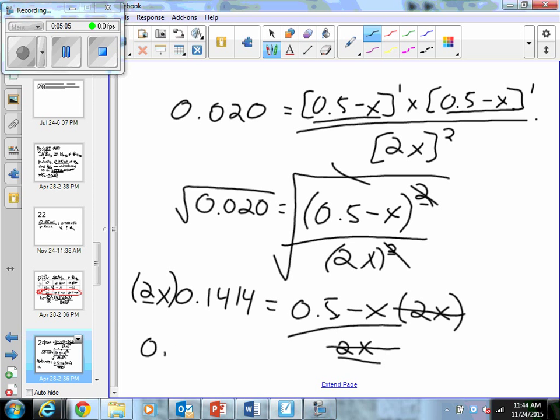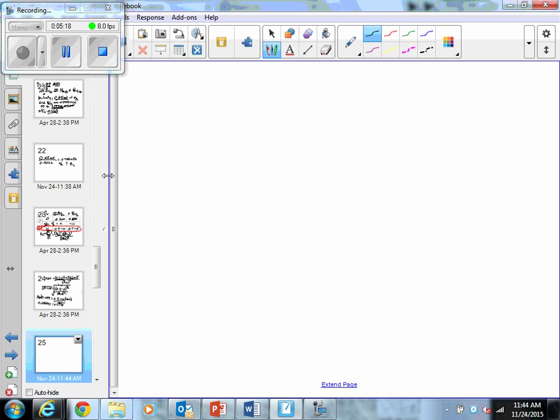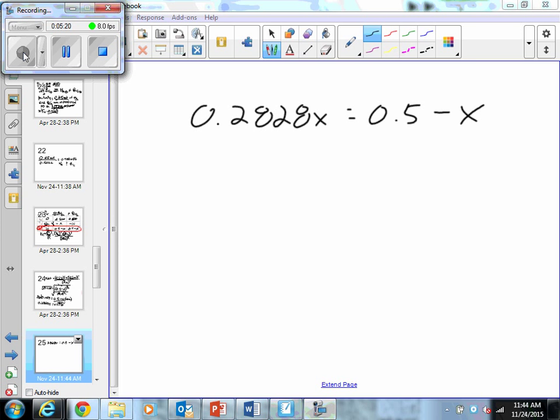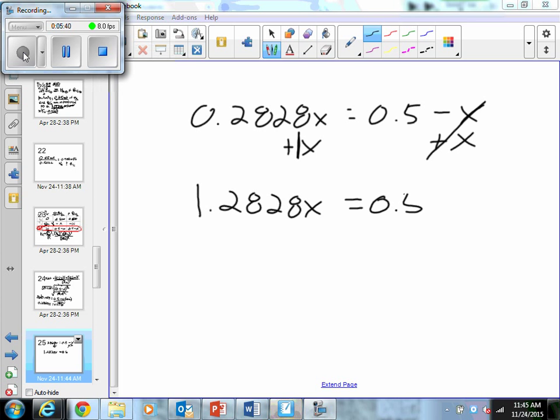So we get 0.2828X equals 0.5 minus X. Okay, now we just want to collect all our like terms, so I can do that by adding X to both sides to bring all of our X's to one side of the equation. Remember, the coefficient here is a 1 in front of this X, so 0.2828X plus 1X will be 1.2828X, and this is equal to 0.5.